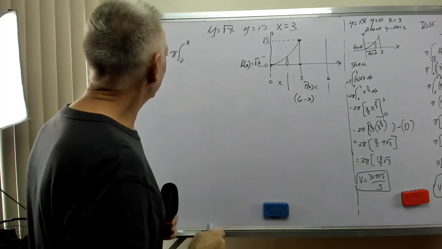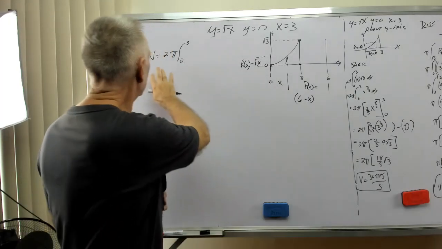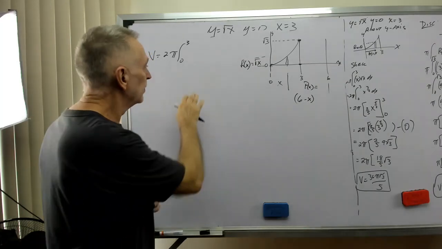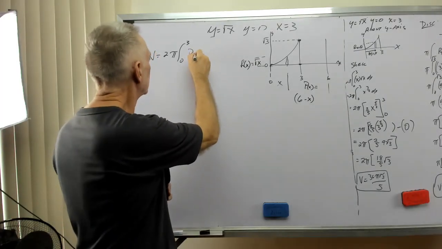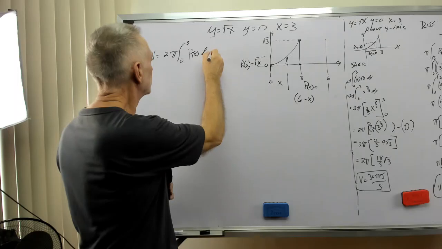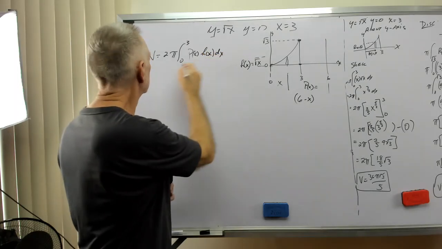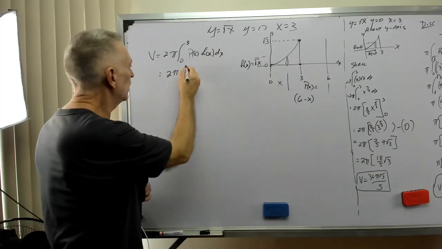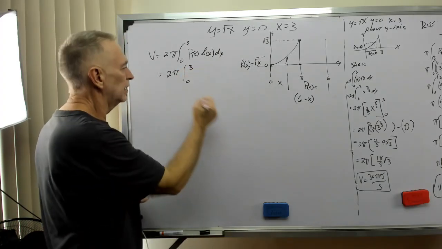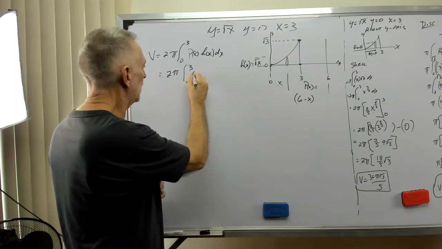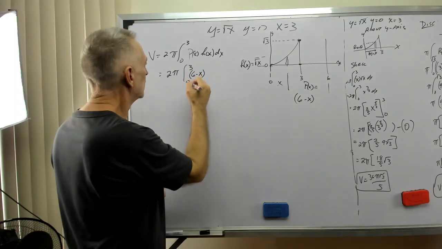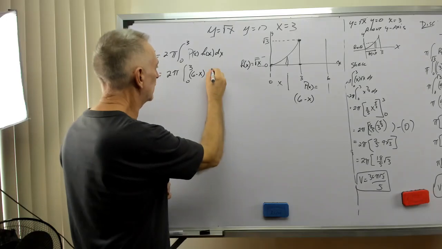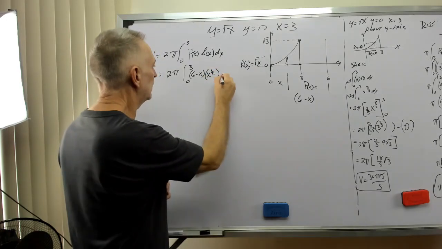All right, so now we have the volume is 2 pi, the integral from 0 to 3 of p of x, h of x, dx. So that's 2 pi, the integral from 0 to 3 of 6 minus x times the h of x, which was the square root of x, x to the 1/2, dx.